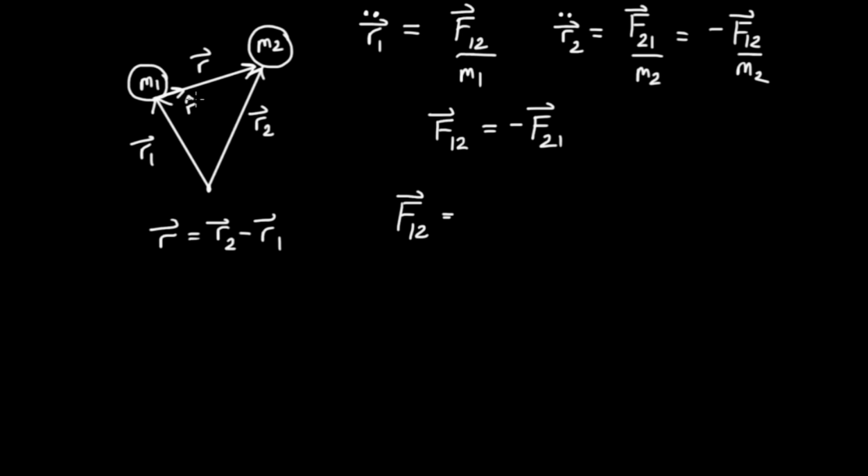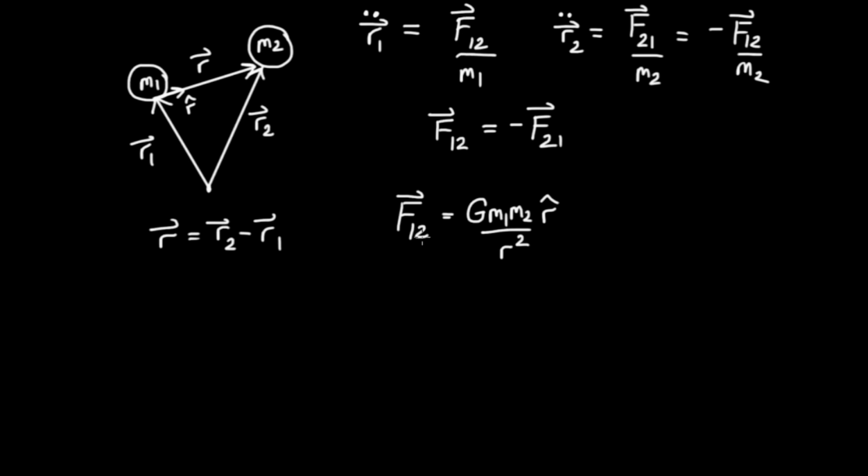I'm going to call it r hat. So the gravitational law says that the force acts in the same direction as r hat, and the scalar out in front is going to be G m1 m2 over r squared. And r is going to be the length of this vector r. This is going to be the distance separating the two bodies, squared. And G is the universal gravitational constant.